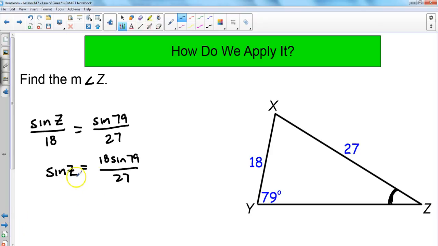And my next step here is to get Z by itself. So right now I have the sine of Z. I've got an expression for the sine of Z, but I need to get Z by itself. So I need to undo the sine function. And anytime we undo one of these trig functions, we use the inverse function. So if I take the inverse of both sides, that's going to undo that sine function, and that'll just leave me with the measure of angle Z. And I took the inverse sine of this side, so I need to take the inverse sine of this side.